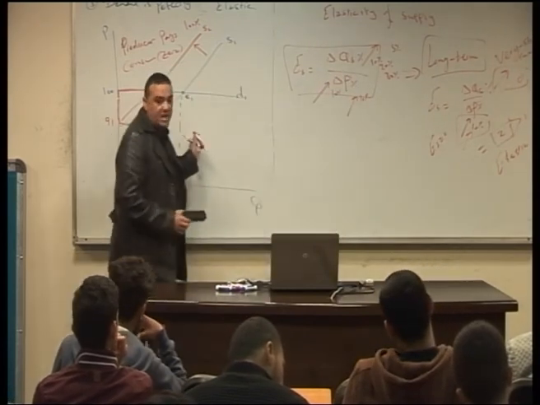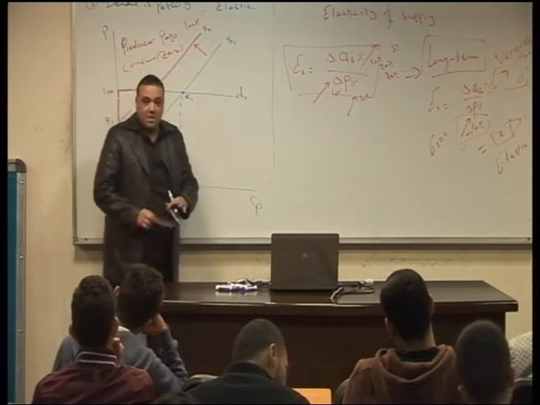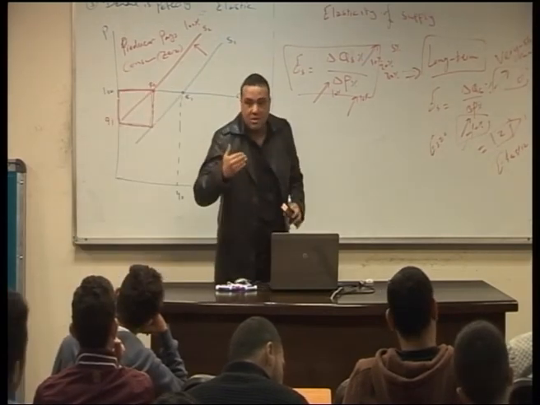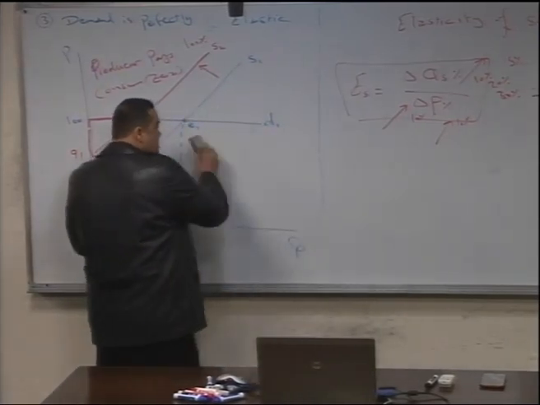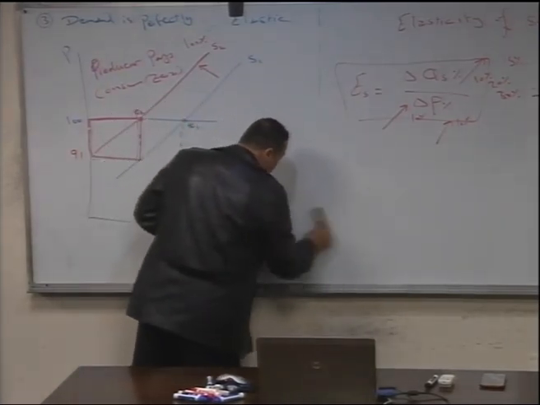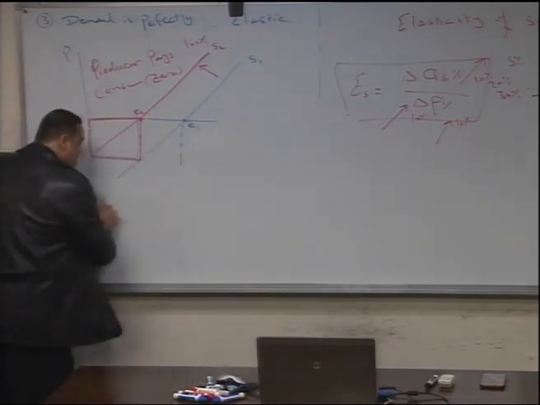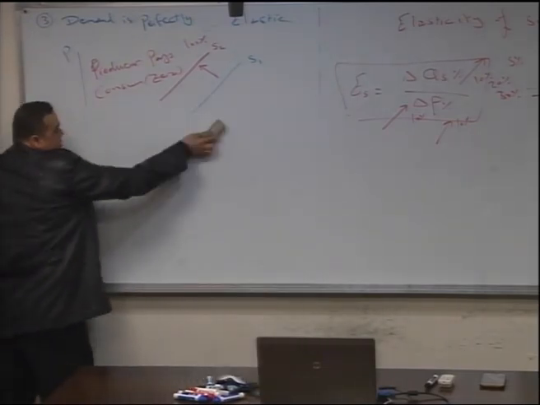We have 5 cases. We will study the effects of elasticity of supply on the taxes on the products with elasticity of supply. As with demand, we have 5 cases.